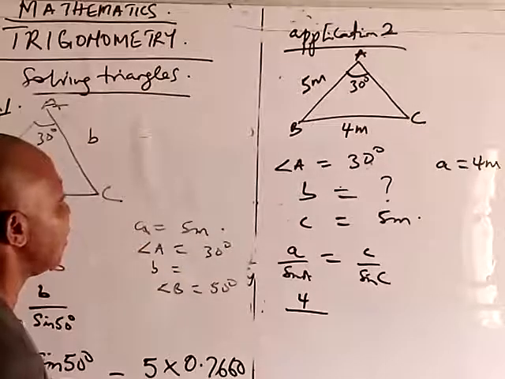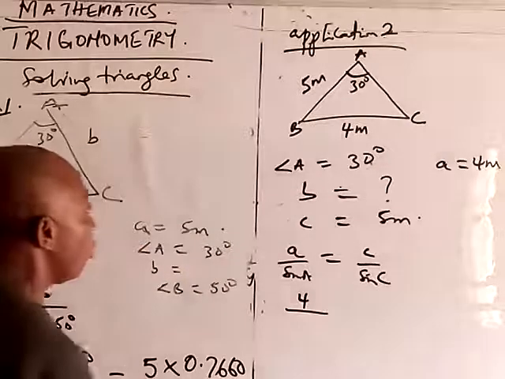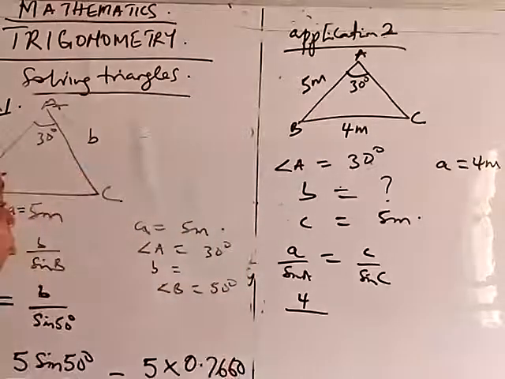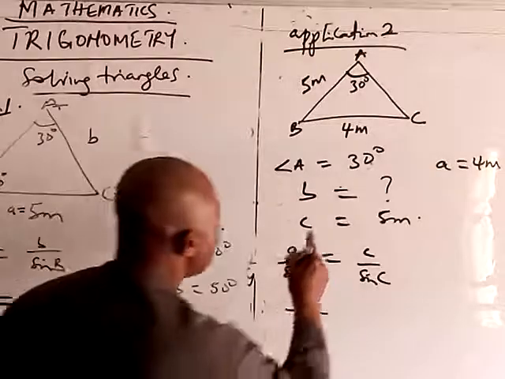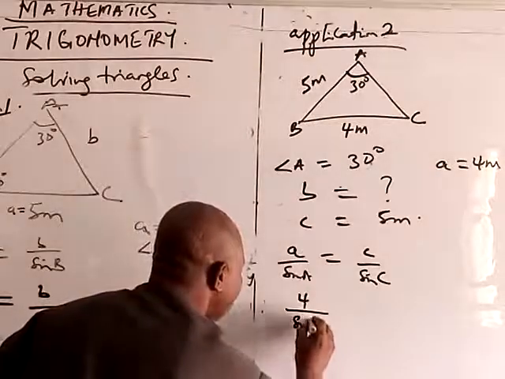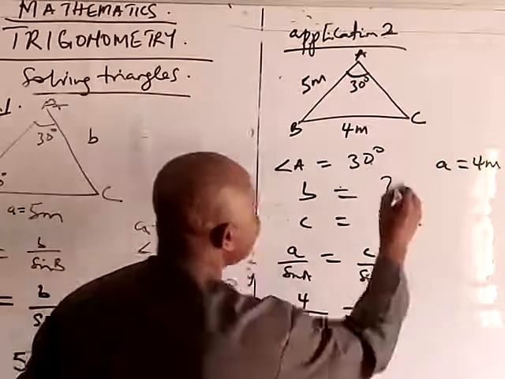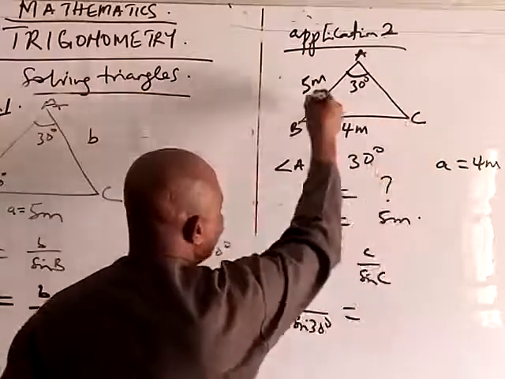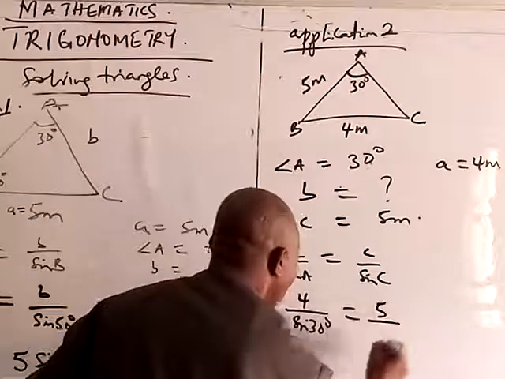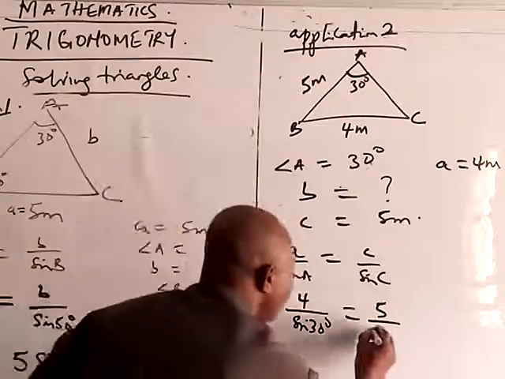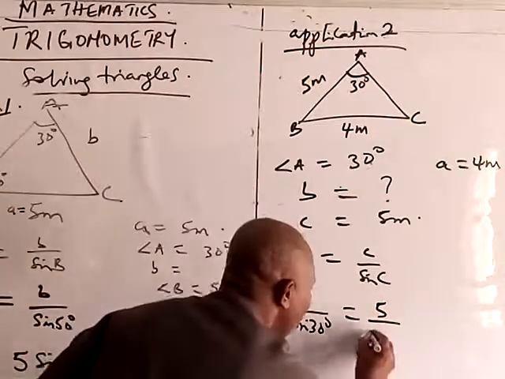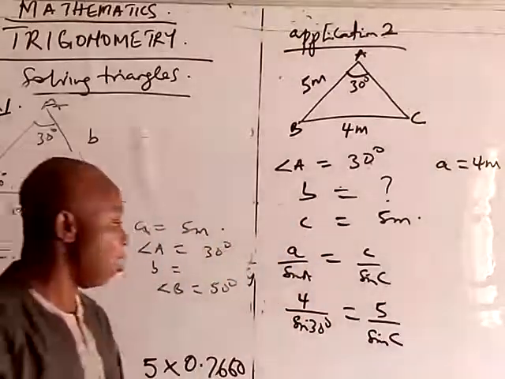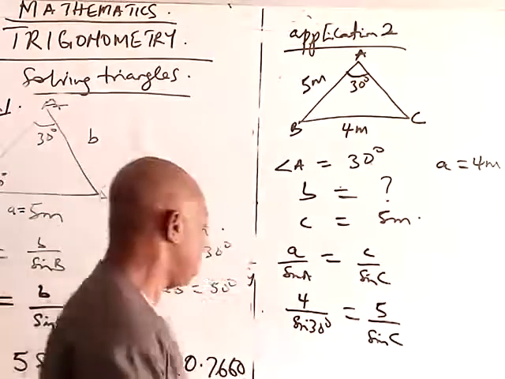Your sine A, is it given? Yes or no? Viewers at home, your sine A is sine 30. c, is it given? Yes, it's 5 meter. And your sine C is not given. Then what are you going to make the subject of the formula here? You make sine C the subject of the formula.